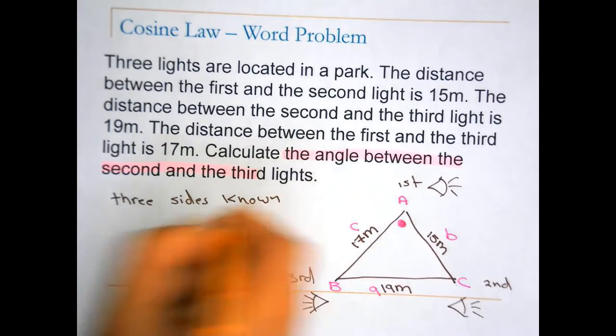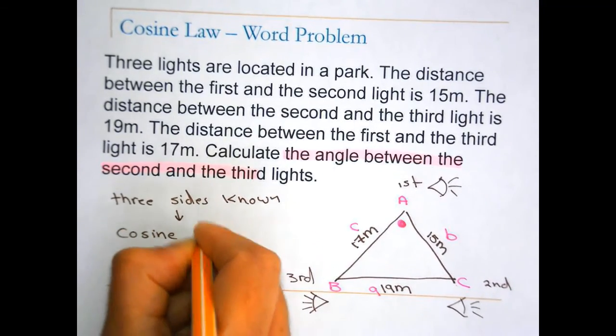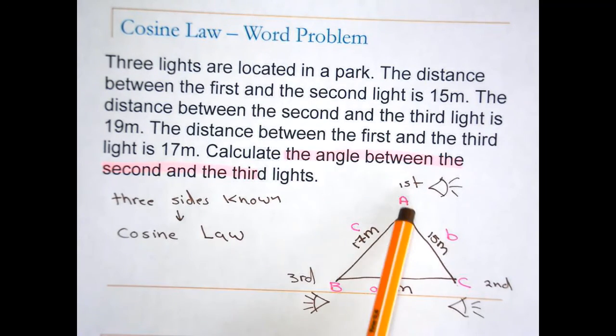That means cosine law. And we are trying to find angle A. That means we have to write the cosine law for side A. So let's get started.